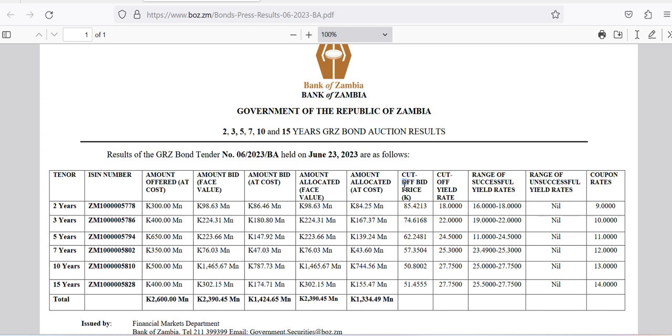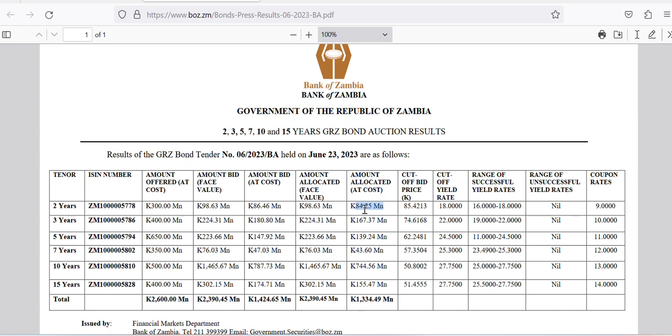cut-off bid price. The cut-off bid price is the cost of the bond to you per 100 kwacha of the face value. What do I mean by that? For a 2-year bond, for every 84 kwacha that you give Bank of Zambia, they will give you 100 kwacha.